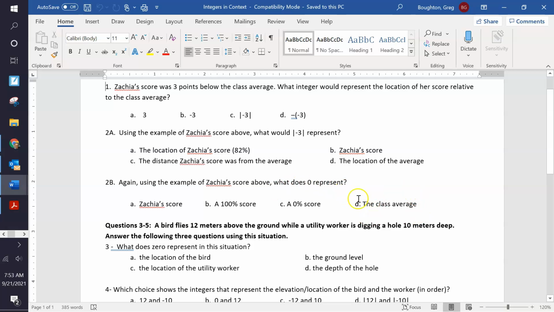The class average. Now I don't know what the class average was. It's not 0, but the 0 in our thinking, remember I told you this is how our brains think of things. We'll think of the class average as the 0 on a number line, and then people score above that or below that. So in this example, 0 represents the class average.